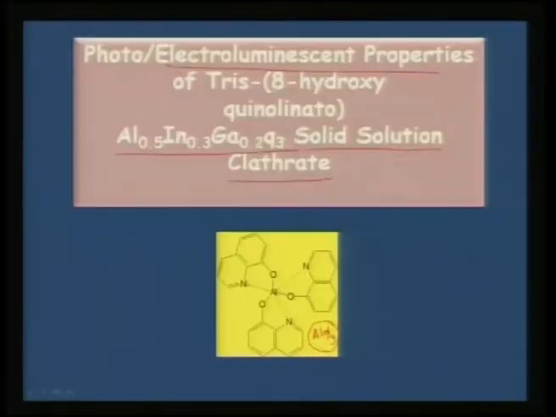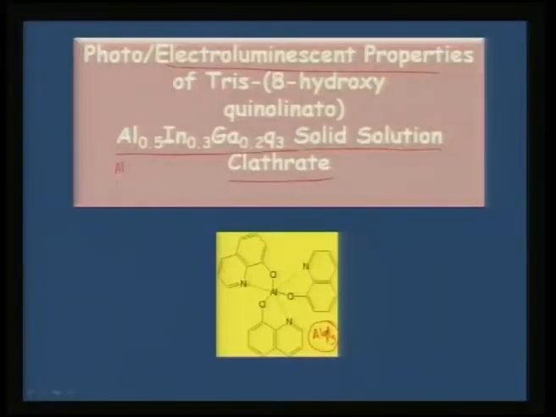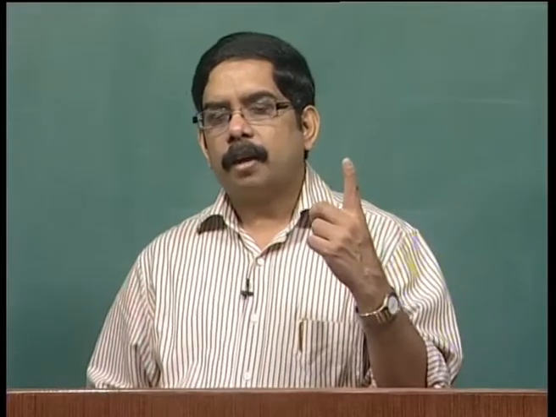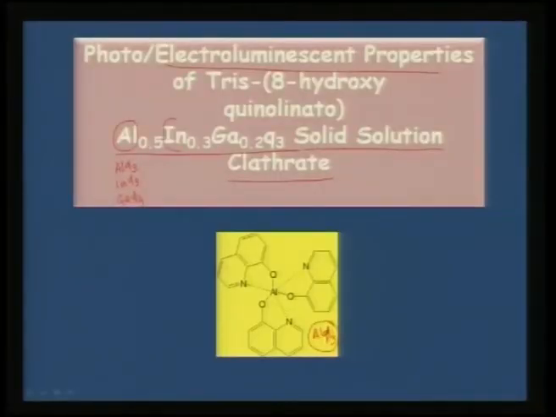Now, AlQ3 cannot just be the only molecule, we need to look for newer molecules for new properties. So suppose I take aluminum, indium, gallium, these are in the same group. Therefore, if I form AlQ3, indium Q3, gallium Q3, is it possible for me to make one complex having 3 metal ions in the same complex?